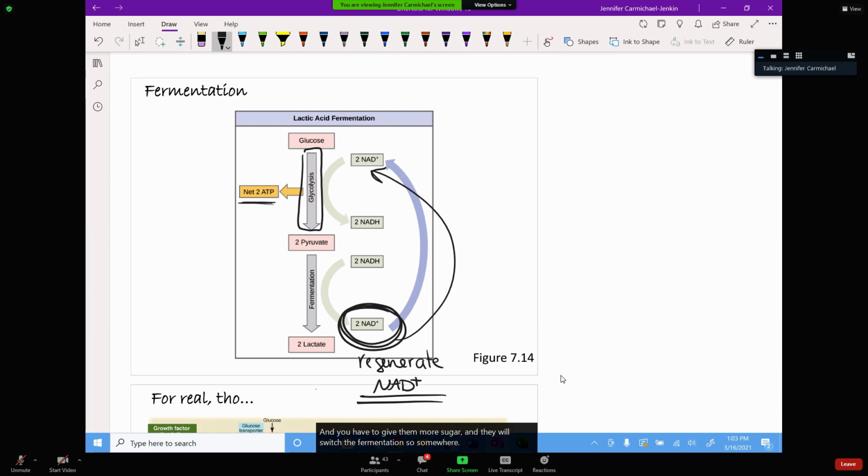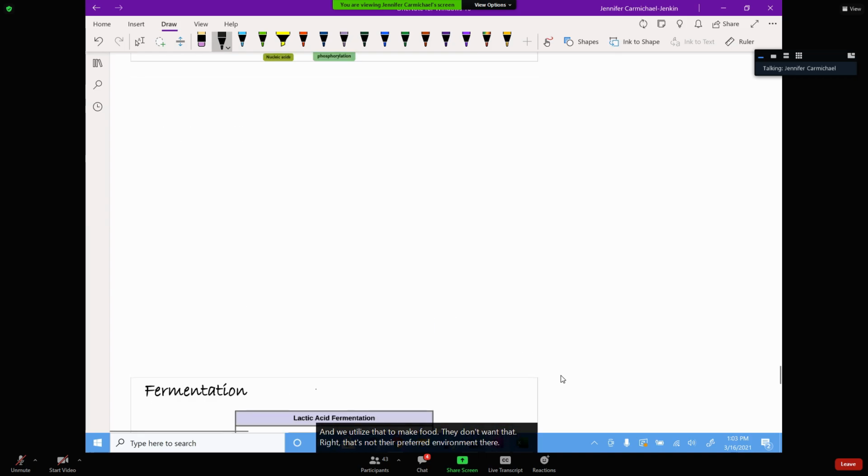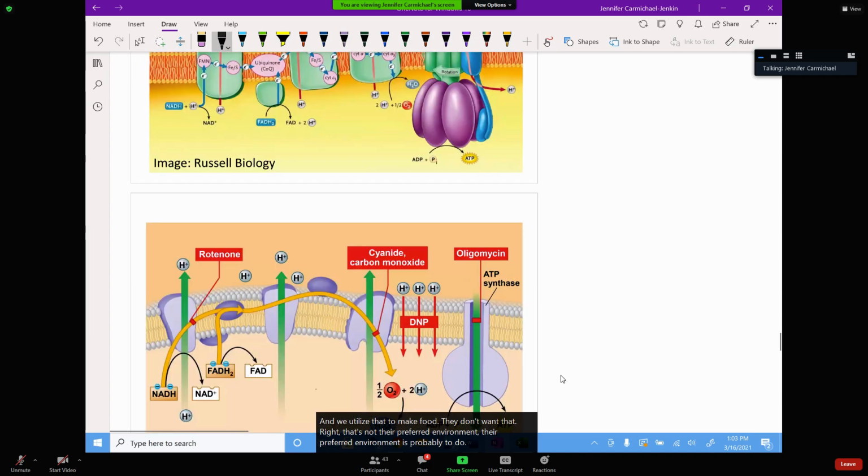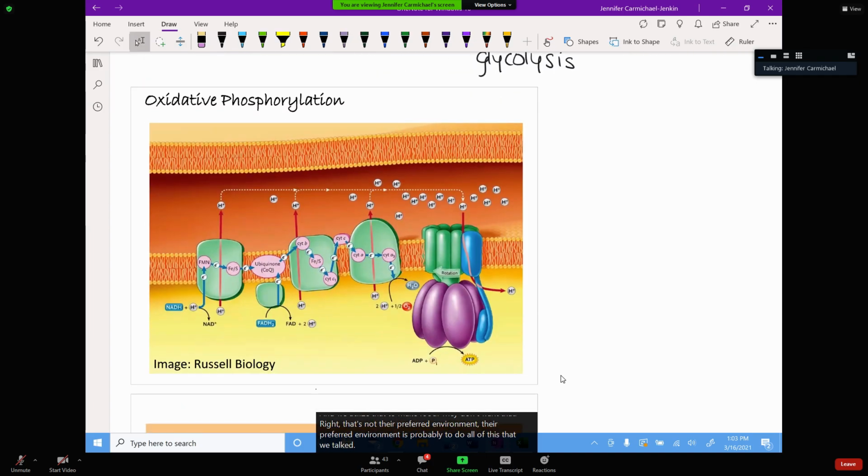So some organisms can switch back and forth, and we utilize that to make food. They don't want that, right? That's not their preferred environment. Their preferred environment is probably to do all of this that we talked about last week, but they can't because you closed off the oxygen. So they can just use fermentation. So it's understanding that organisms and cells vary in their metabolic functions.